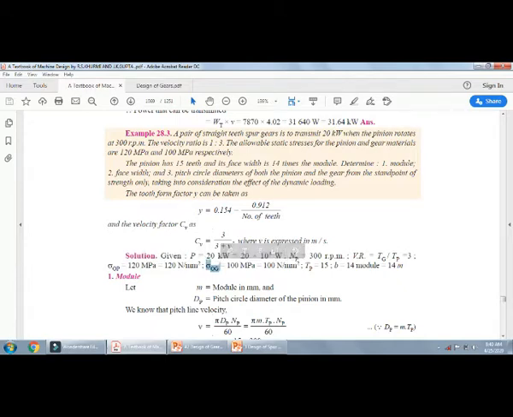The values of these two parameters are given. Then the pinion has 15 teeth and its face width is 14 times the module. So, here Tp is 15 and b is equal to 14 into m, m is the module, right.